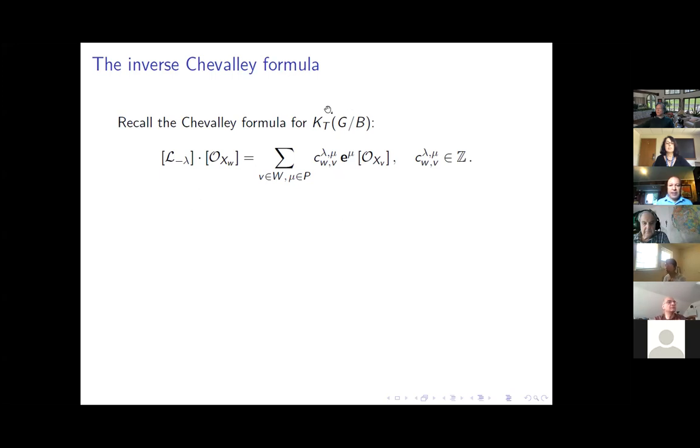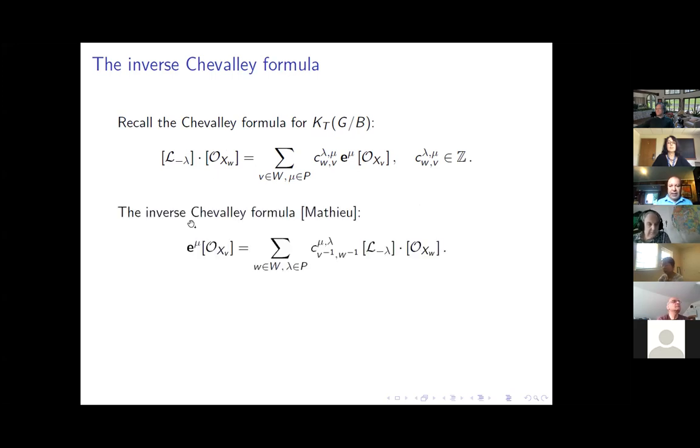So we have 2 bases for the equivariant K-theory ring. The basis given by e to the mu times the Schubert class, but also the basis given by these products with line bundles. So you can do the opposite thing, take the ones on the right and express them in terms of the ones on the left. And Mathieu showed that the coefficients up to some change of variables are exactly the same as in the original Chevalley formula.